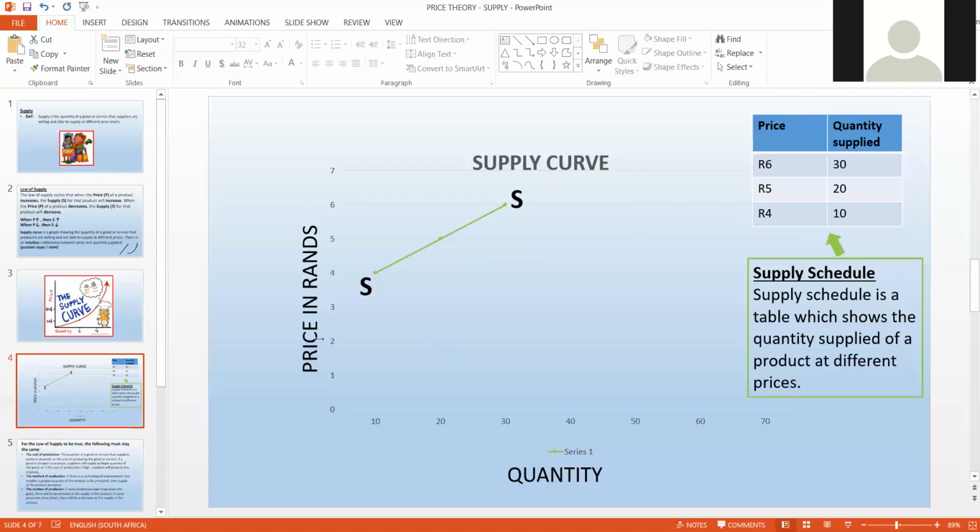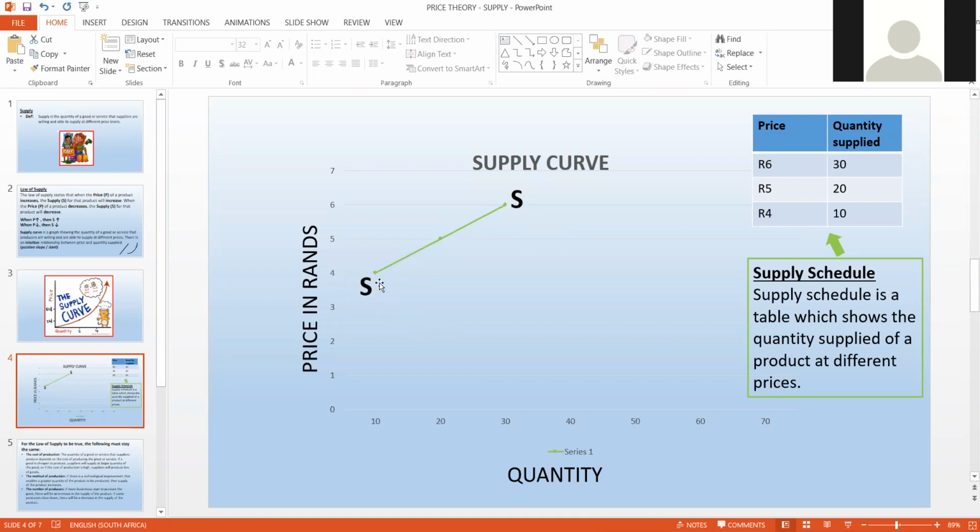So R4, go up on the vertical axis, find the quantity of 10, go across, make a point, and that is then my information that I've now plotted on the graph. What do I do then? I connect those dots, and that will then be my supply curve.